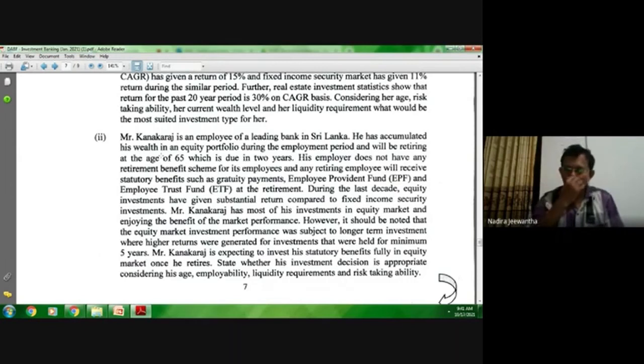Kanakaraj has most of his investments in the equity market and is enjoying the benefits of the market performance. So it's better. Your value of investment is also increasing when the market performs well. So what are the two indices we have in the share market?